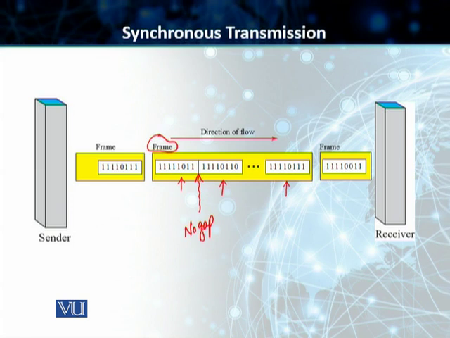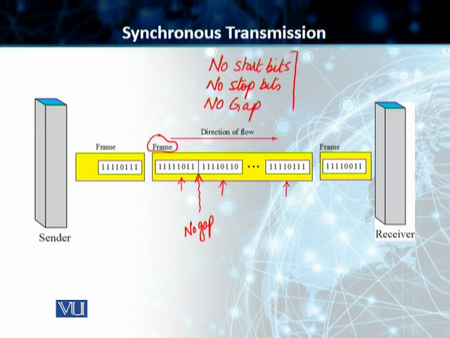Now, students, in this particular case, as you can see, we have got no start bits, we have got no stop bits, and we don't have any gap. So everything that we were working with in the case of asynchronous transmission is not present in the synchronous transmission.